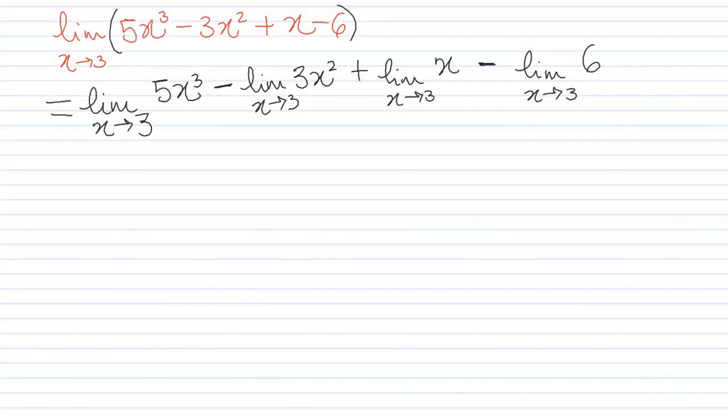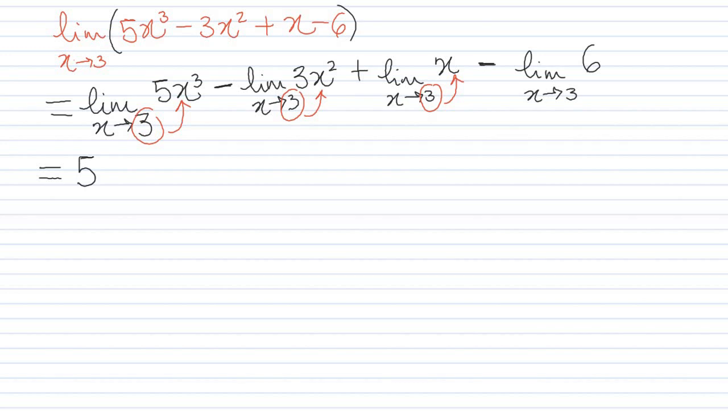Now that you've broken down the information into smaller bits, you can substitute wherever necessary. The x going to 3 here can be substituted here, and here, inside here. And this is a constant value, so whatever x goes to doesn't have any significance. So what we'll end up with is bringing out the 5 first.